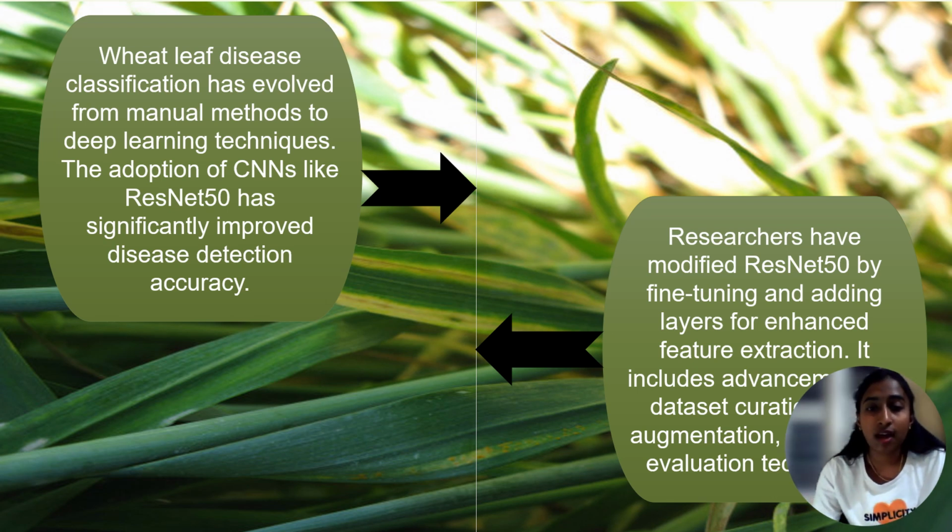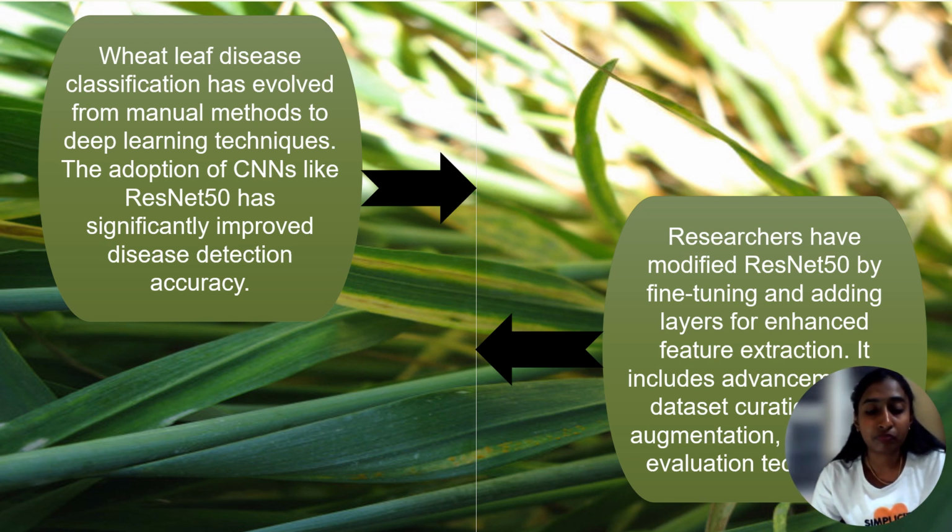The next point is that the adoption of CNNs like ResNet has significantly improved disease detection accuracy. The residual network is a specific type of convolutional neural network that was introduced in 2015.